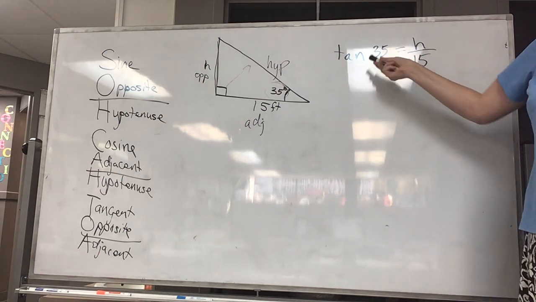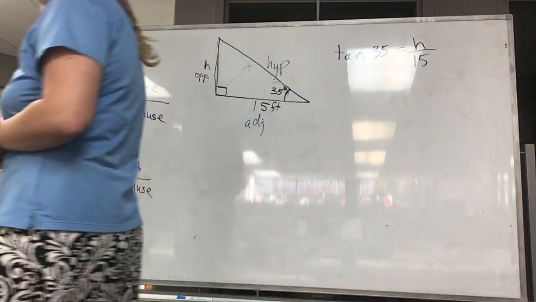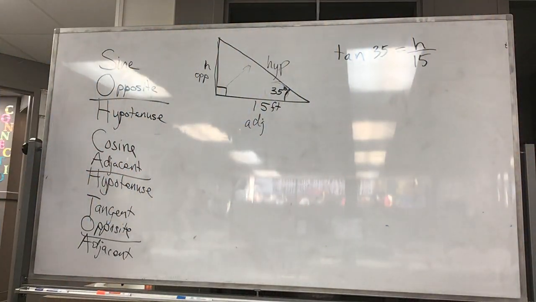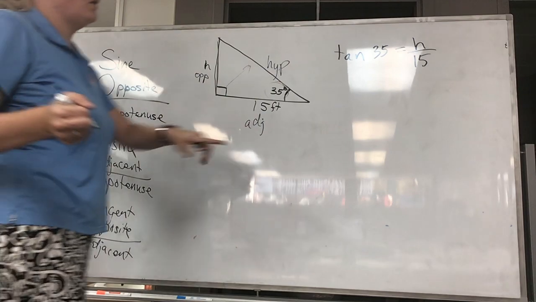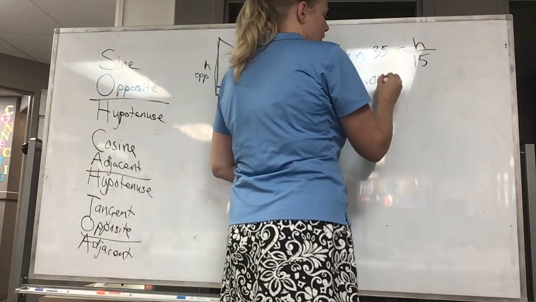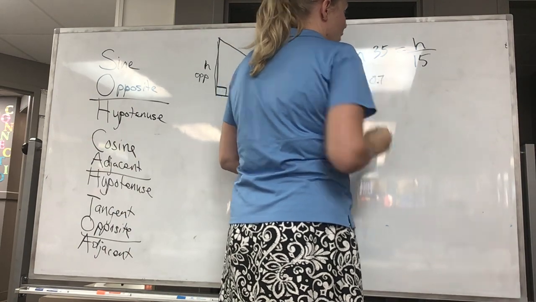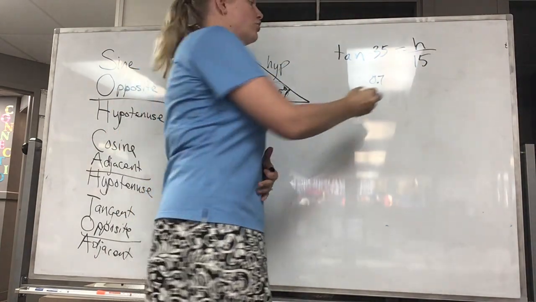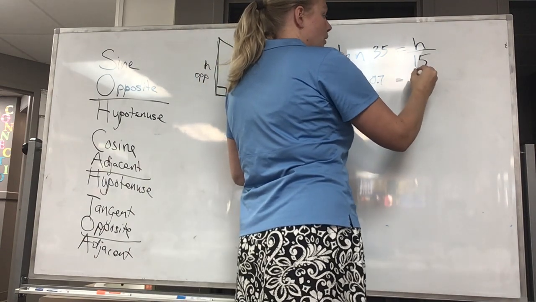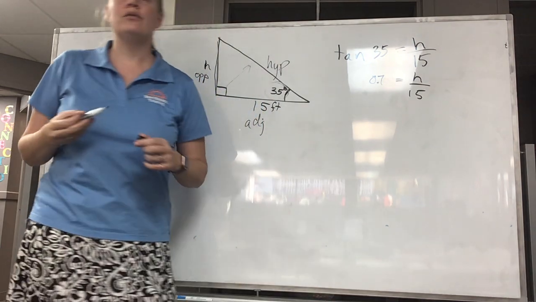Tangent of 35, it's just a calculator thing. What is the tangent of 35? It's going to be a decimal of some sort, 0.7. Okay, so now back to solving. If we had 0.7 and change equal to h over 15, how do we get h by itself?